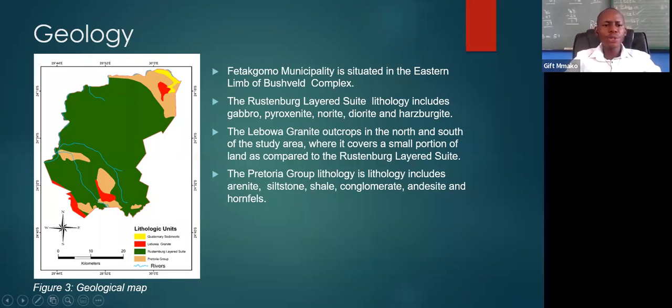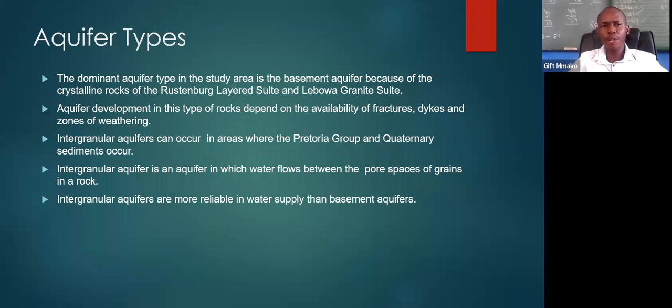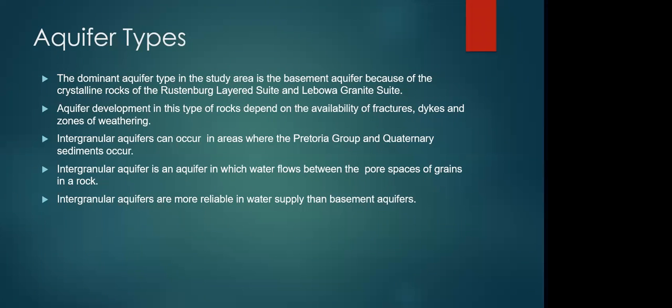The aquifer types which occur in the study area include the basement aquifer. The basement aquifers are the dominating ones because the area is covered mostly by crystalline rocks, or hard rocks, of the Bushveld Complex.